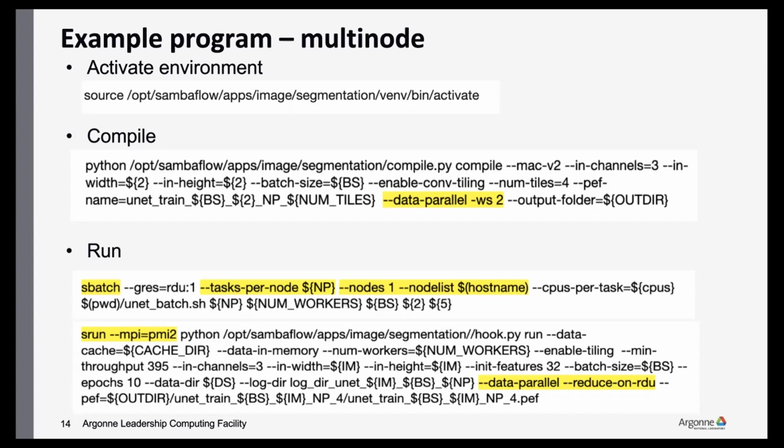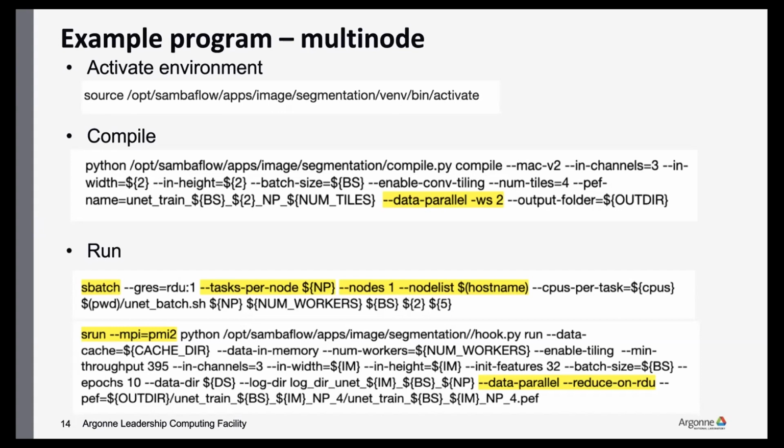And then the run argument, as you see, we use the Slurm resource manager here, and we use sbatch since we are using a script to run the run command. We also specify the total number of tasks per node as part of the argument.